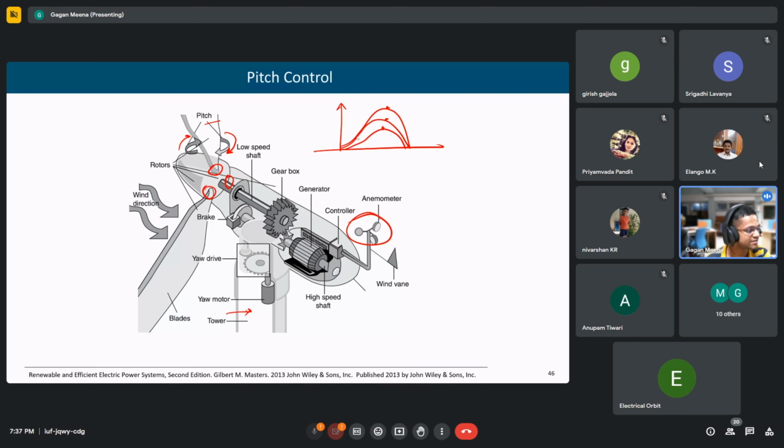That is not practical; it will reduce the life. In stormy wind conditions, maintaining the fixed speed will create a lot of mechanical stress on the wind turbine blades and on the turbine shaft also. That is why we are not using the type 1 turbine anymore.